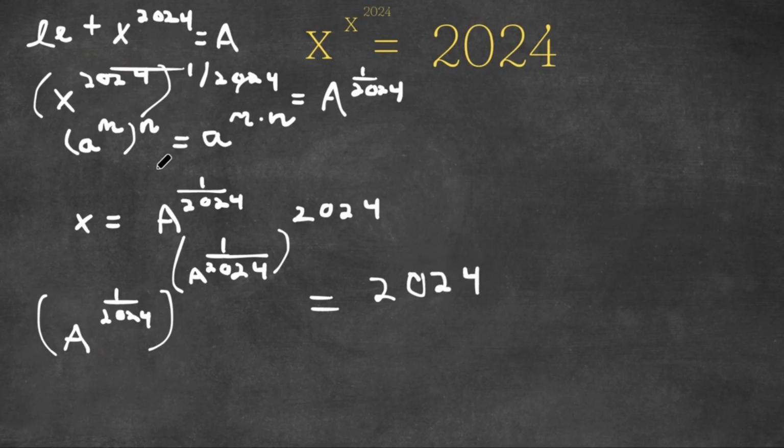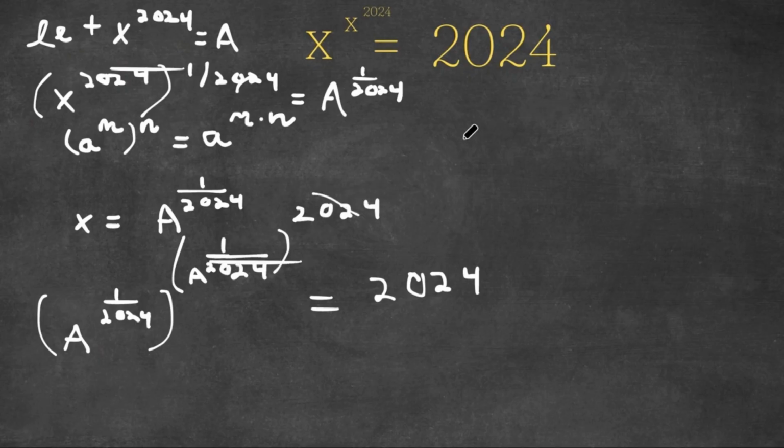Now remember, a to the power of m to the power of n is equal to a to the power of m times n, meaning a to the power of 1 over 2024 to the power of 2024, well, 2024 times 1 over 2024, these two cancel out and it's simply 1.